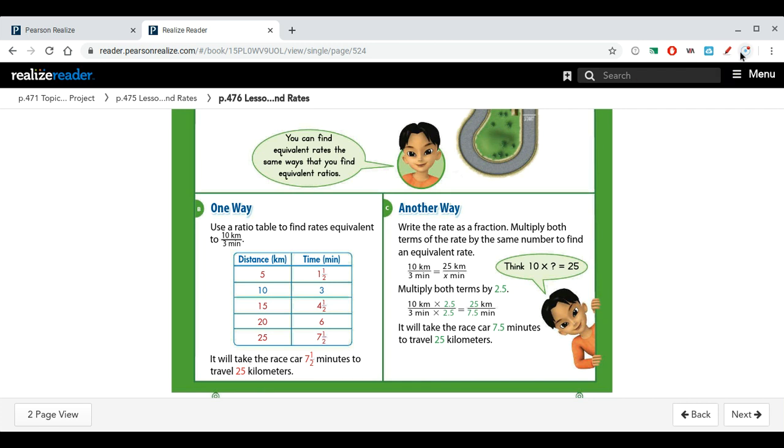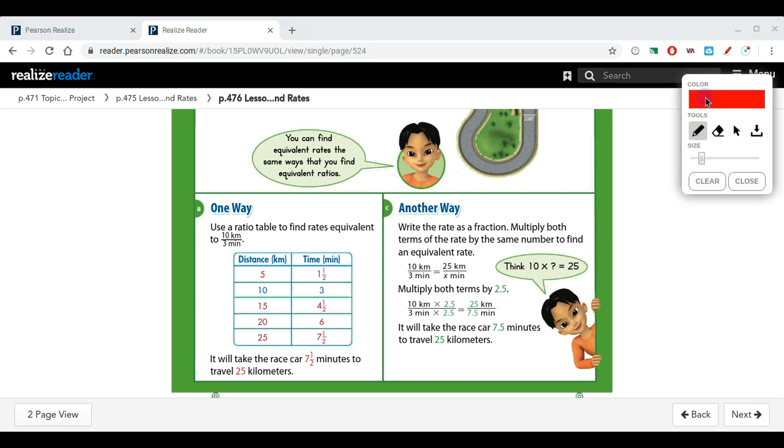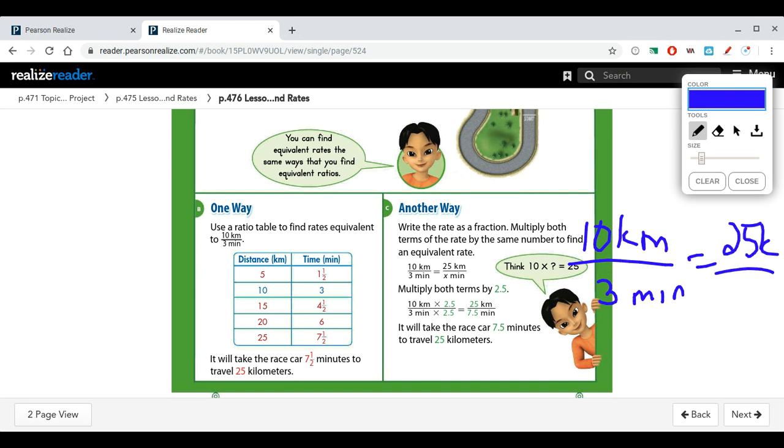The other way I can do that is I can write the rate as a fraction, and then from there, we can create an equivalent fraction. For every 10 kilometers I travel, it takes me 3 minutes. Here I have 25 kilometers, and here I have X minutes.